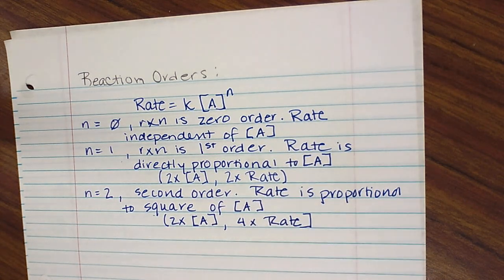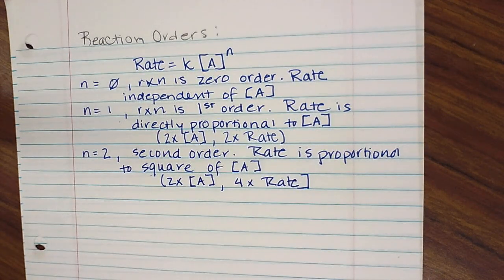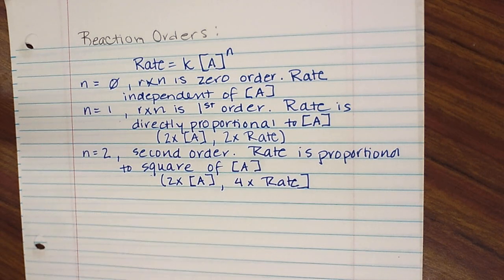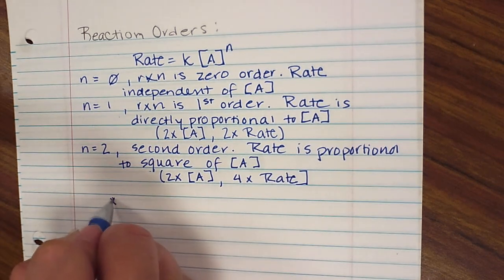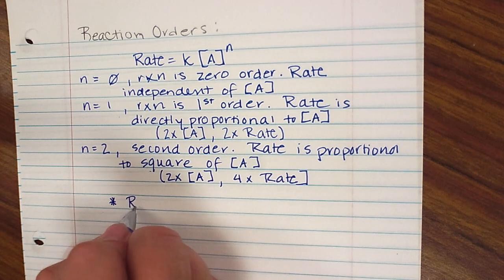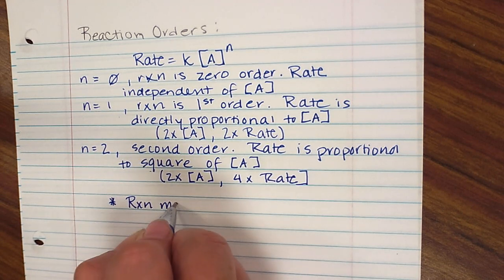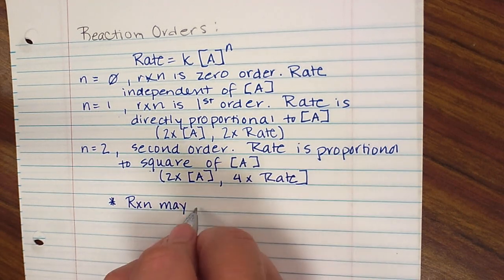Yeah, 2 times the concentration of A, 4 times the rate. All right, now, the reaction may have fractional order.